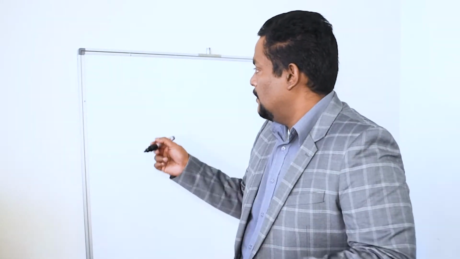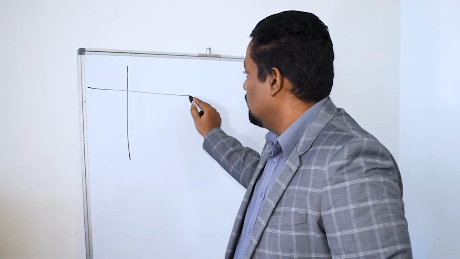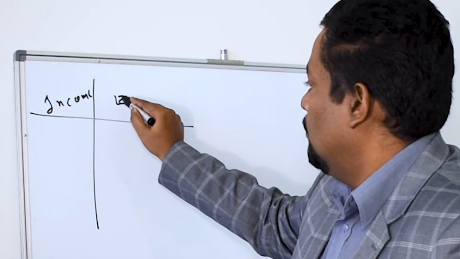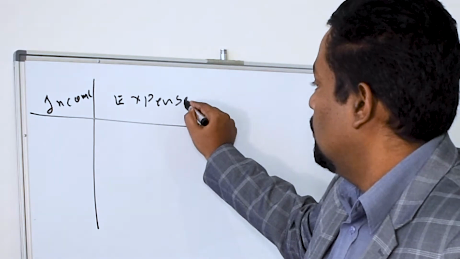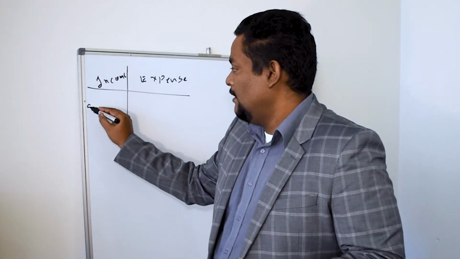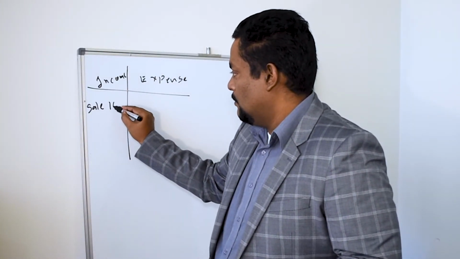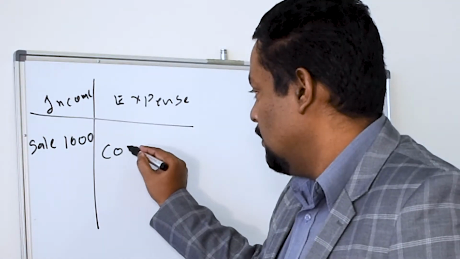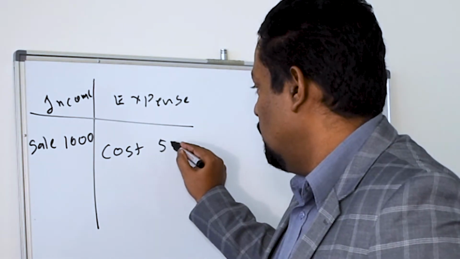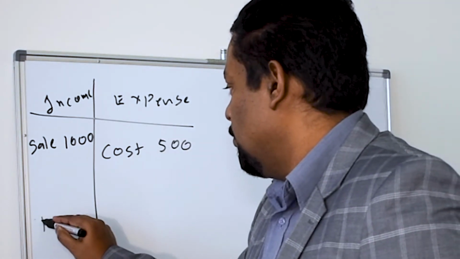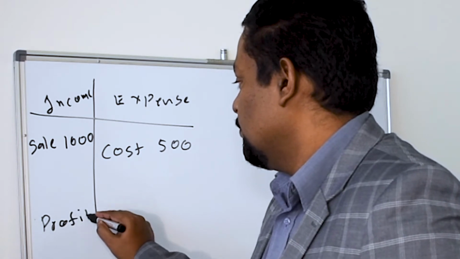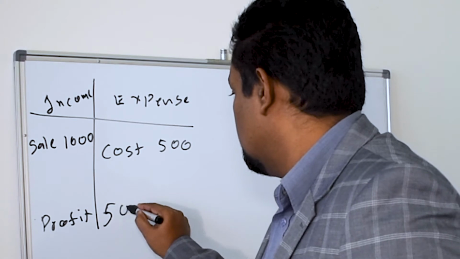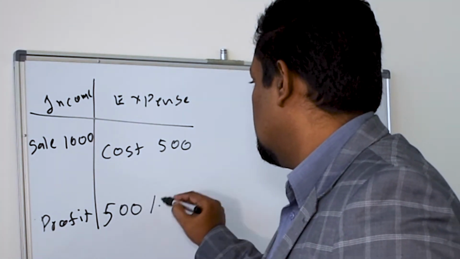First we'll see the income statement. You have income and you have expenses. What is my income? It's a sale, which is $1,000. And what is my cost? 500. What is my profit? $500. Right?